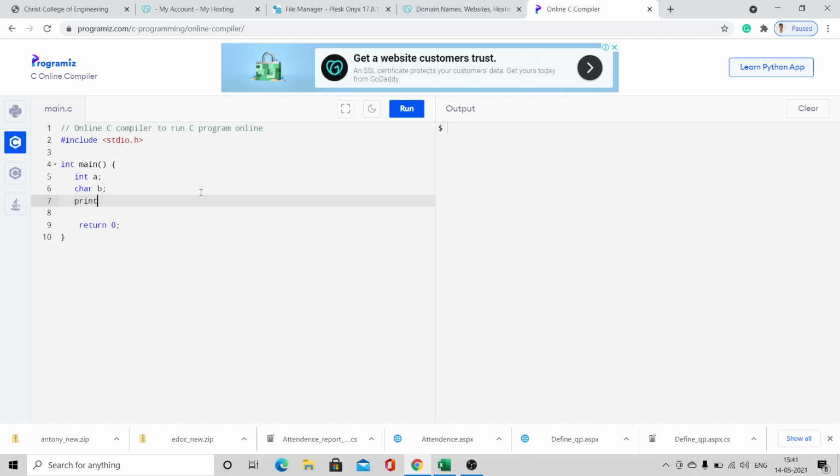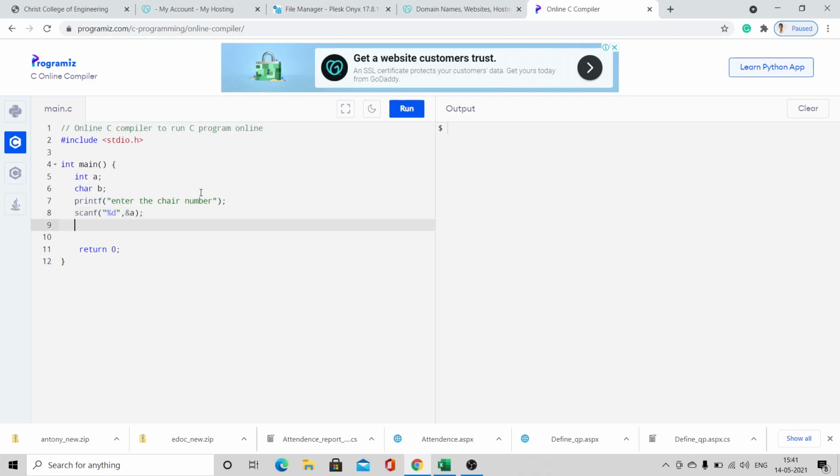So I'll be writing printf, enter the chair number. So this message will be shown to the user, and I have to read the value. So scanf %d, address of a. So I'll be storing the chair number in a.